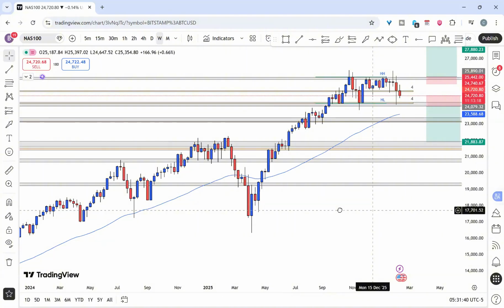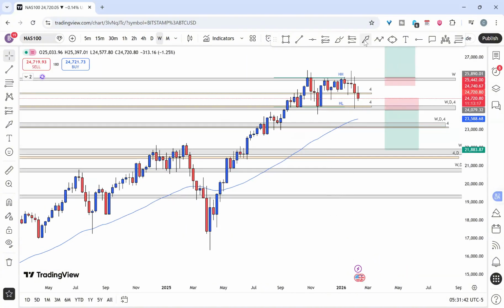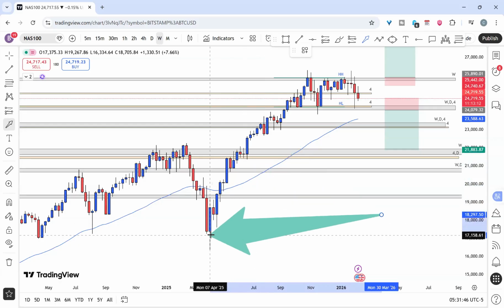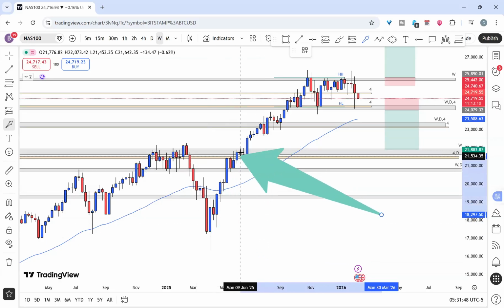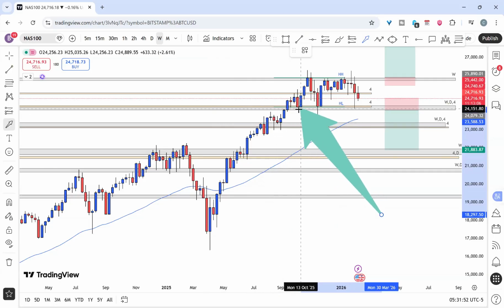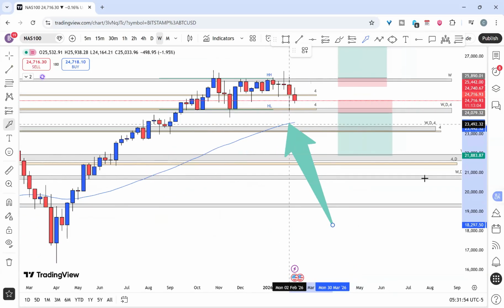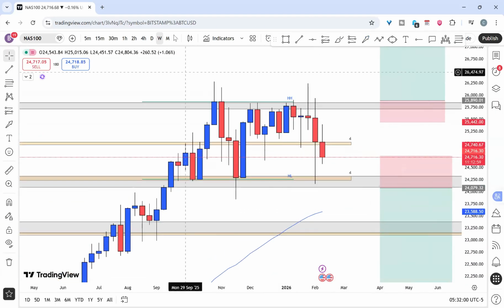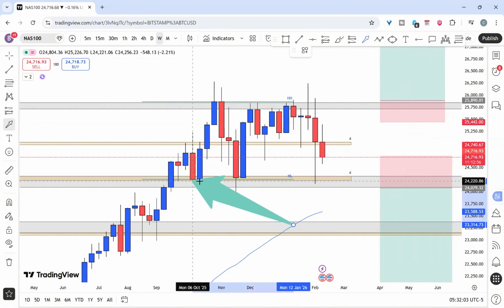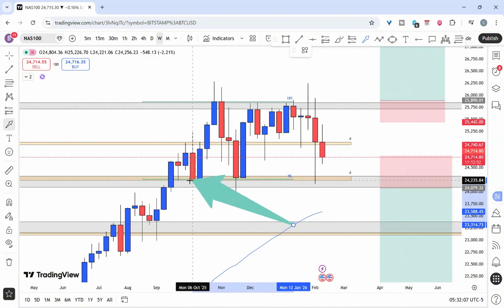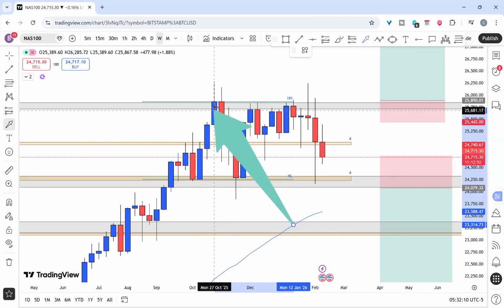So the weekly time frame, it is still bullish. Why is that? We have the beautiful higher low, higher high, higher low, higher high, higher low, higher high, and so on. And right here, maybe I can zoom further in. As you guys can see, we have the last higher low, which I marked with a green line, and then it pushes all the way back up to the higher high.